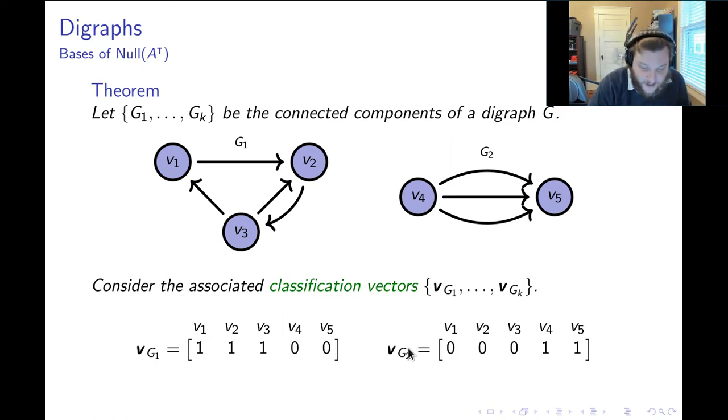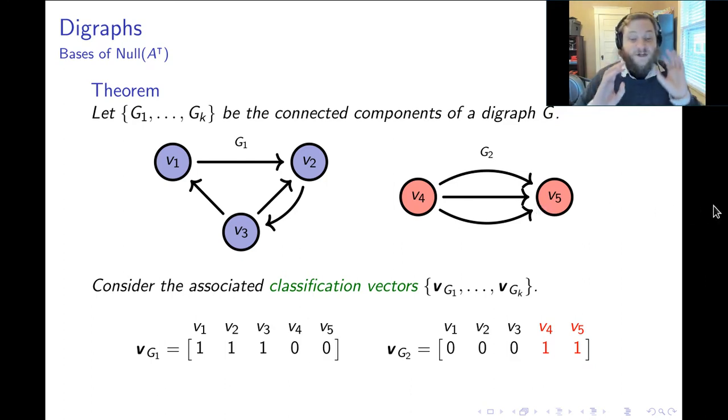This classification vector will indicate that the second two nodes live in the second connected component. So we'll get 1s in the 4, 5 positions and 0s in the other positions. And that's because the fourth and fifth nodes live in the second connected component, and the other nodes do not live in that connected component.